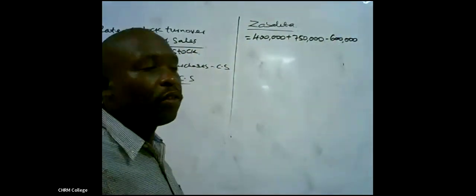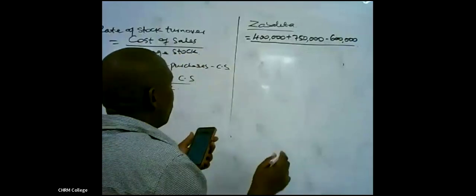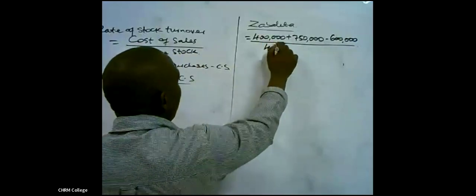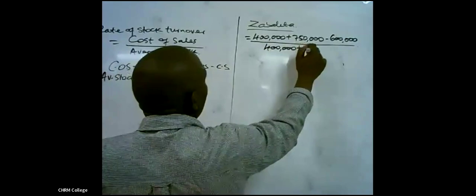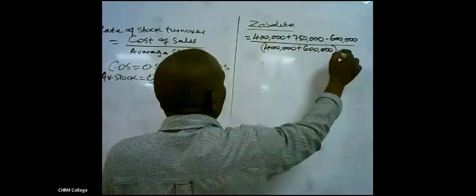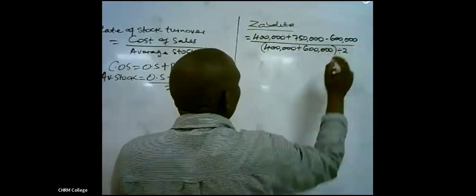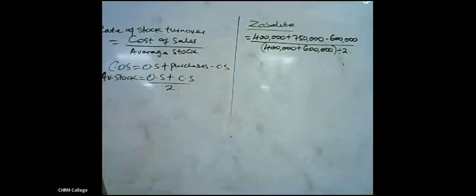That gives you the cost of sales. Then you divide by the average stock, which is given by the opening stock 400,000 plus the closing stock 600,000. In the bracket, you divide by 2.